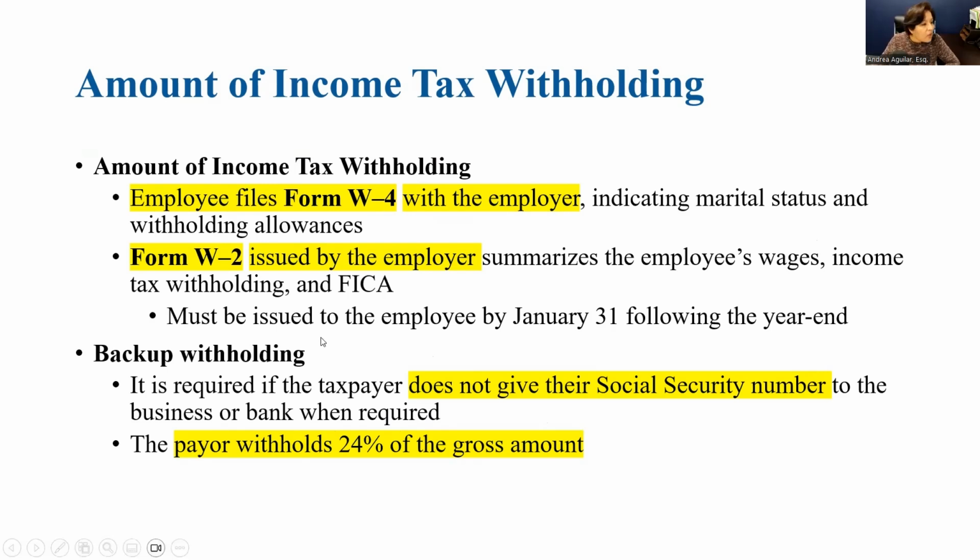Now, one thing that I just want to mention generally is how the withholding is calculated. How do we know? Well, in the W-4 form, you have included a lot of relevant information. So whoever your employer is, they are going to make certain calculations, or their system is going to make certain calculations.